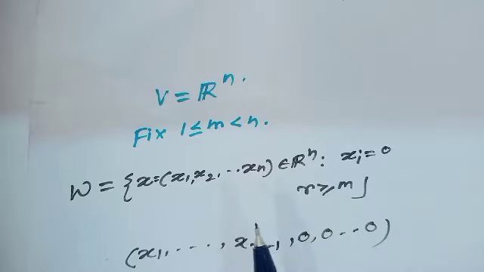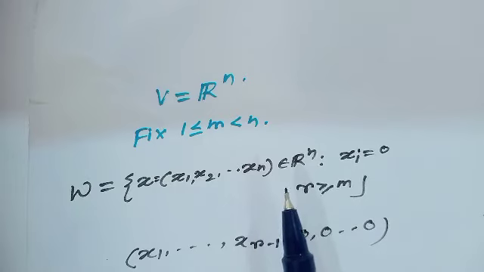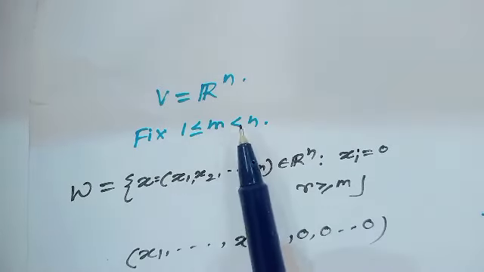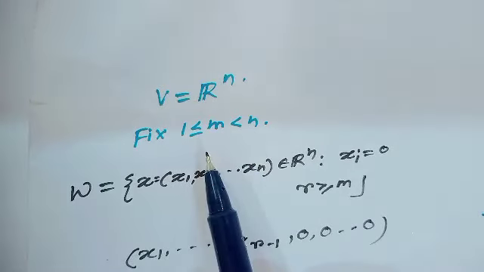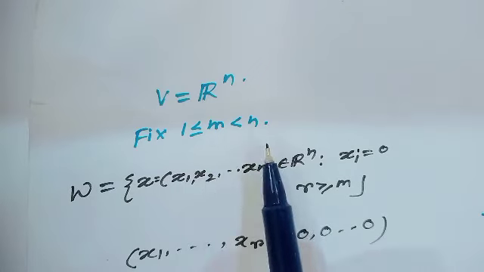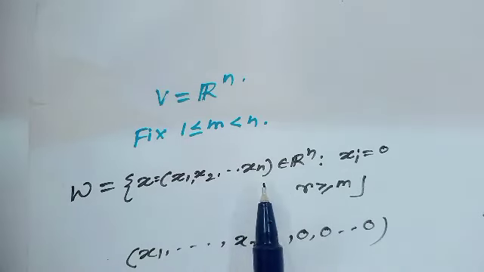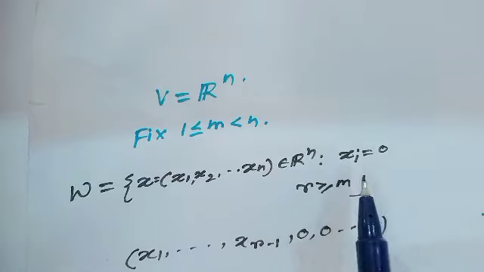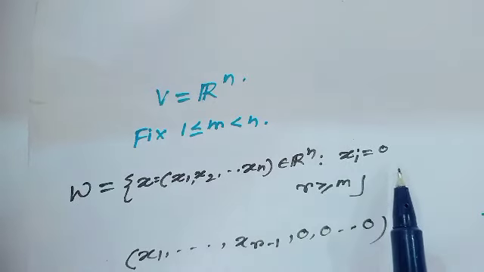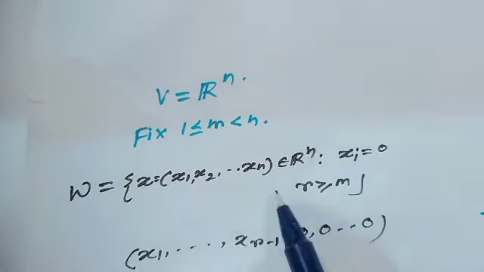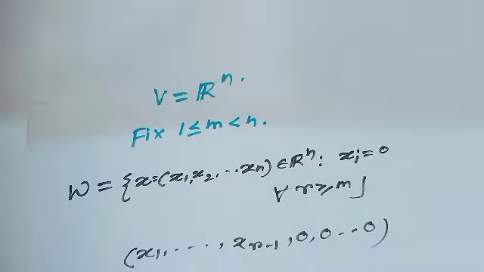Now consider a subspace in Rn. Here the space is Rn and fix m with 1 less than or equal to m less than n. Consider the subset W equal to the set of x equal to (x1, x2, up to xn) such that xi equals 0 for all i greater than or equal to m.